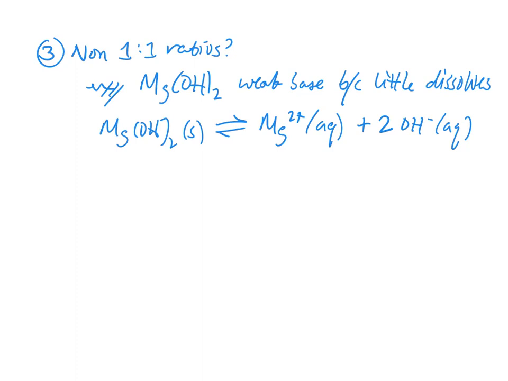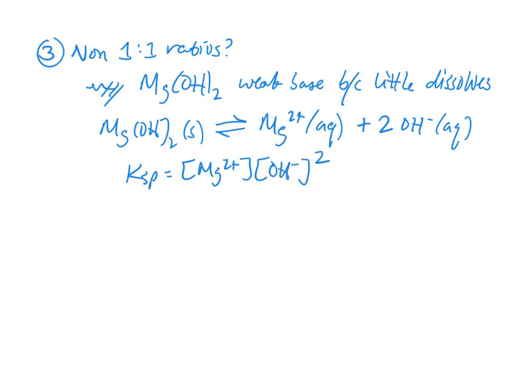And again, remember the effects of that are that not only do you get double the number of hydroxide ions compared to magnesium, but because you have double the number of ions, there's an exponential effect on how often they collide. And so the KSP expression would be the molarity of Mg2+ times the molarity of OH- squared.